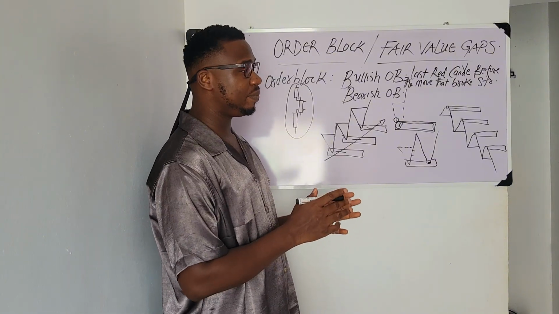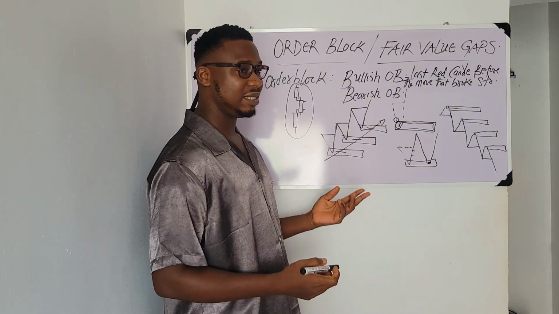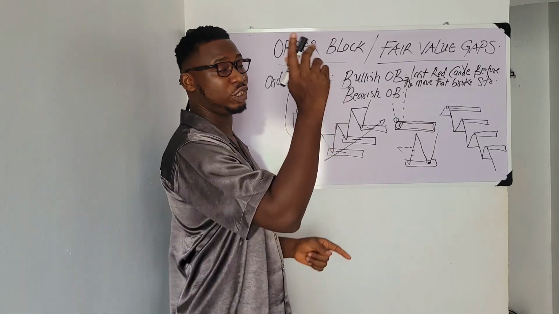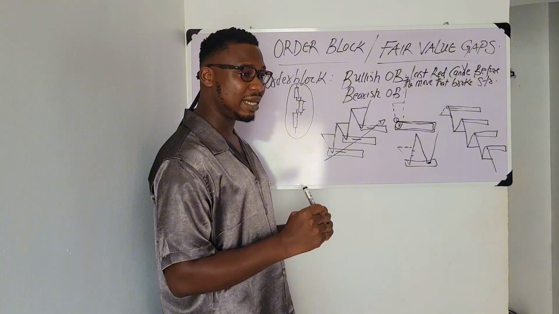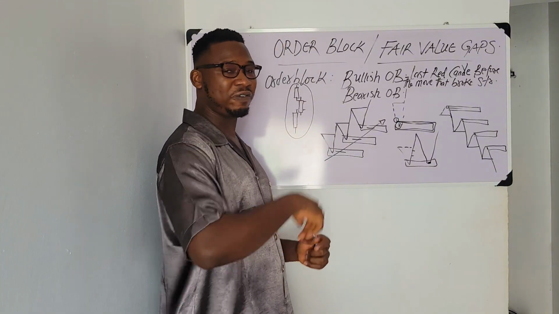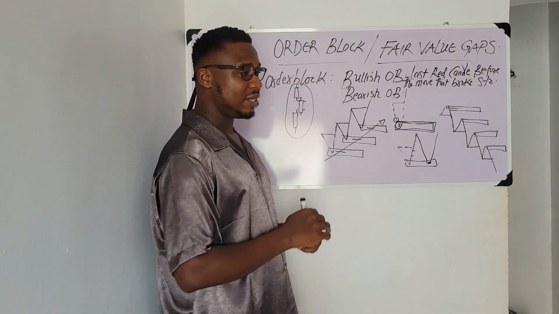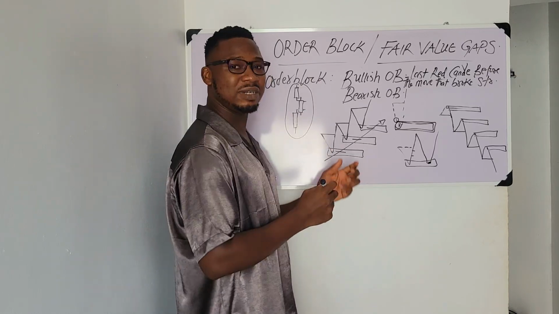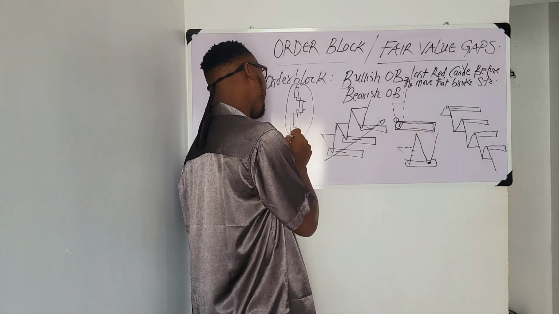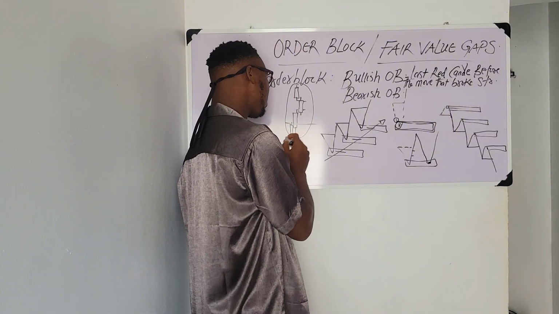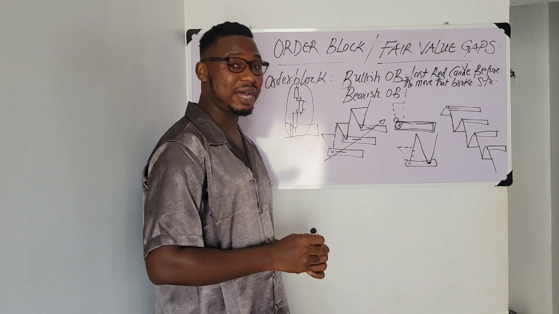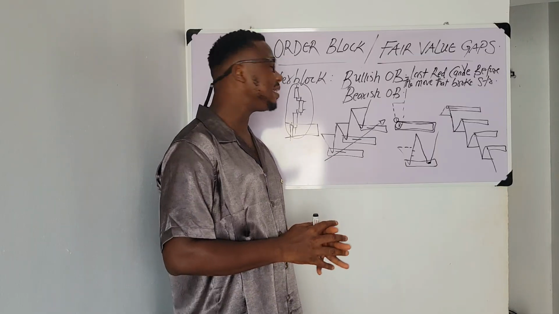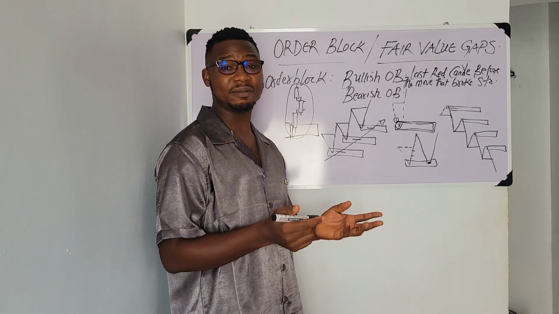When we see a fair value gap, it tells us there was a displacement. Smart money was involved in this push, because a lot of money came in and pumped the market so fast, leaving a gap. So it tells us there is a strong displacement, and when we see a fair value gap, our order block becomes valid to look at buying a coin at that area.